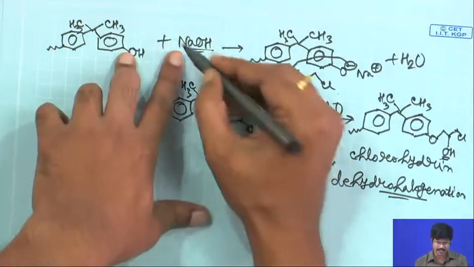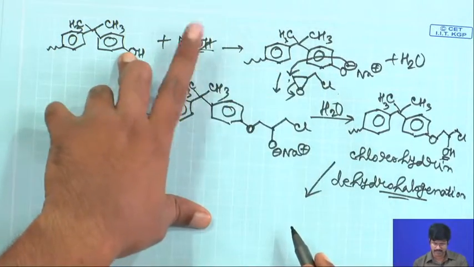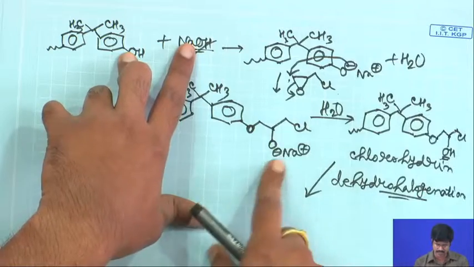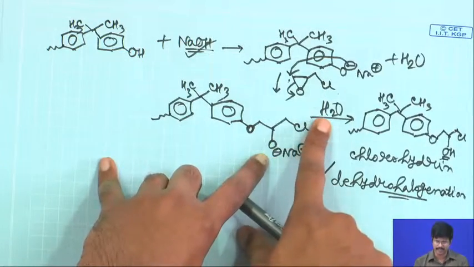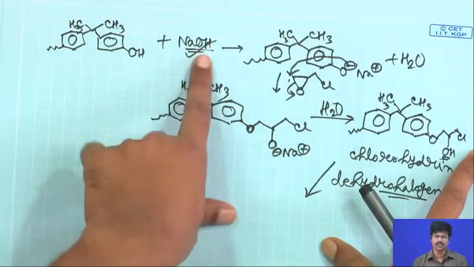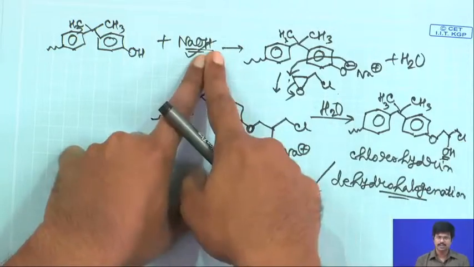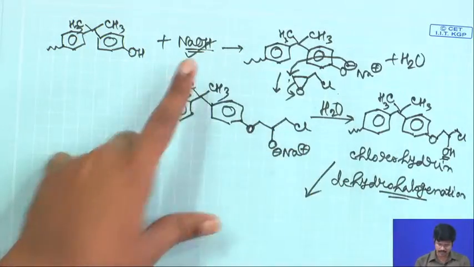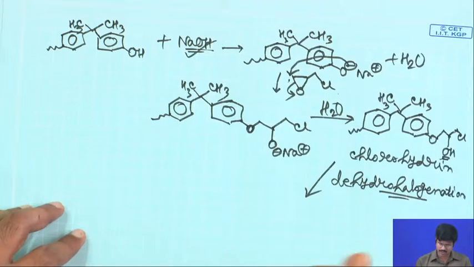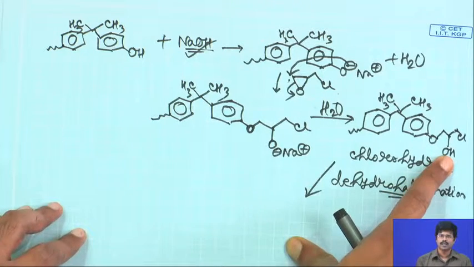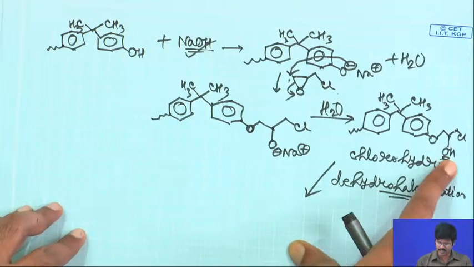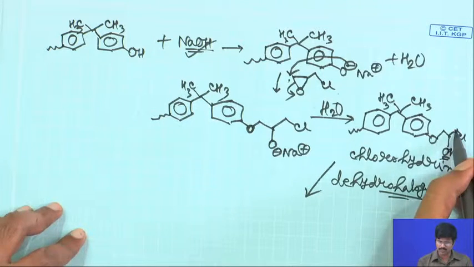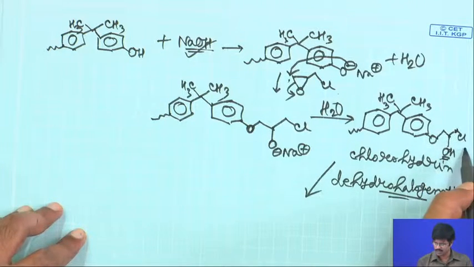In the first step, the base is acting as a catalyst. It is a catalytic amount because it is regenerated. You can see O minus takes up a proton, and then OH minus will be generated. You start with OH minus, you get back OH minus. So, that will be your catalytic amount, and in the last step it will be a stoichiometric amount because it can abstract this proton here, and this O minus can attack on this site, and the chlorine will be going out.